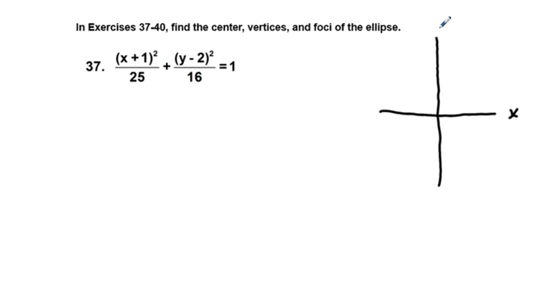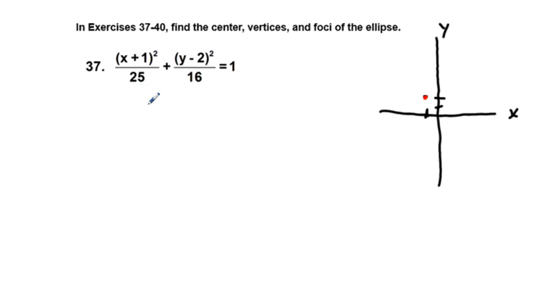X, Y. Okay, we have x plus 1, so that's going to be x to the left 1. And y minus 2, that's going to be y is up 1. So right here, that I'm now marking in red, is our center of our ellipse.